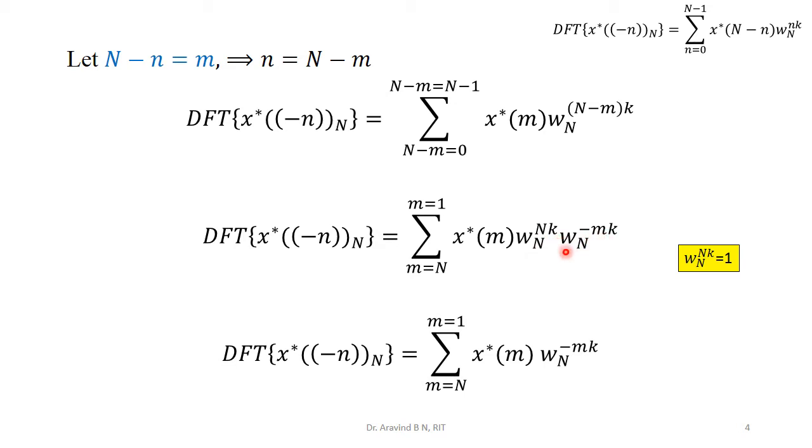It is known to us that this twiddle factor value will always be equal to 1, because omega N to the power N is the same capital N, so by default it is going to be 1. Therefore substituting 1 in this location, we are going to get summation m is equal to N to 1 x conjugate of m omega N minus mk. This is the other twiddle factor value present. The same has been taken over here.